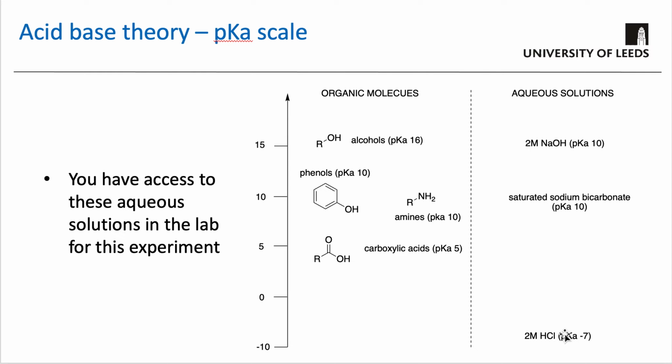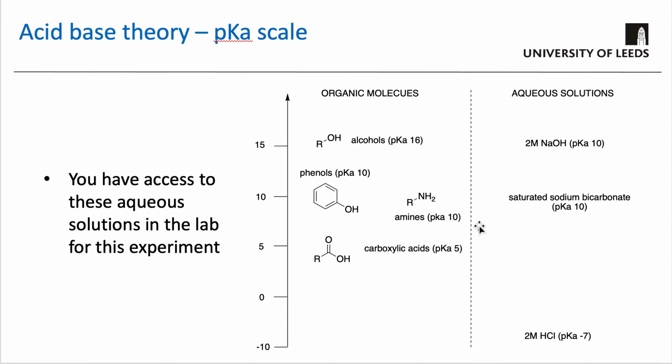So, for example, if we're using 2 molar hydrochloric acid, it's going to have all these functional groups in the protonated, the acidic form. So for the phenol and the carboxylic acid, that will be the neutral form, but for the amine, it's going to be the protonated salt form.